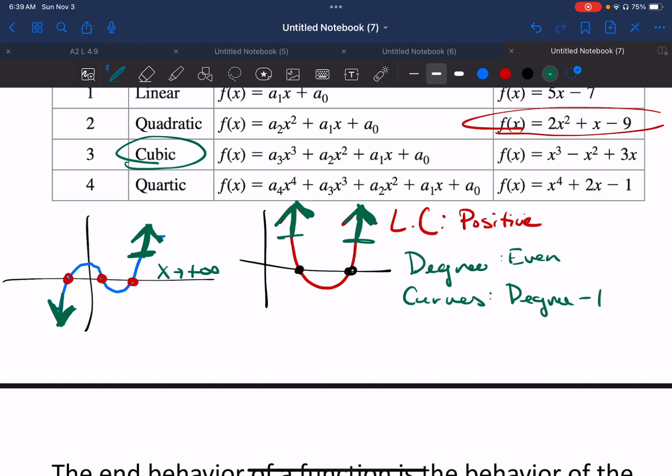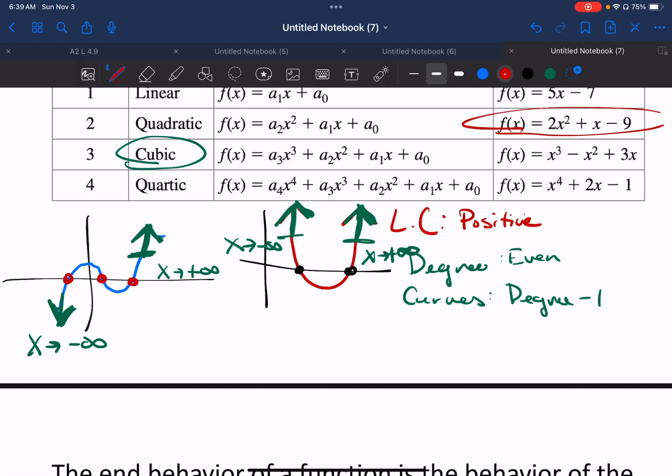So over here, as x approaches positive infinity. But on the left side of the graph, so if you think about the negative half of that x axis, it says x approaches negative infinity. As x approaches negative infinity. And we want to see what the function is doing.